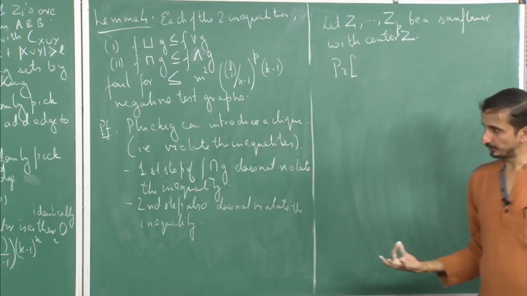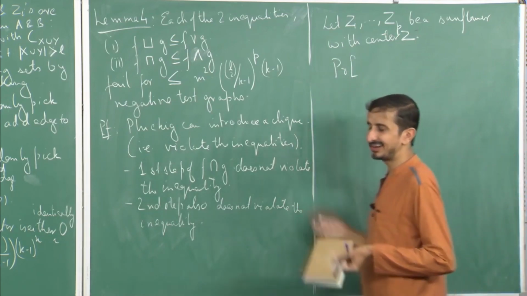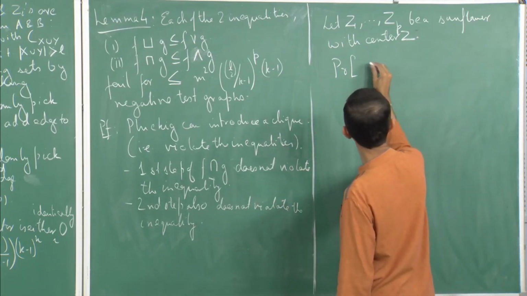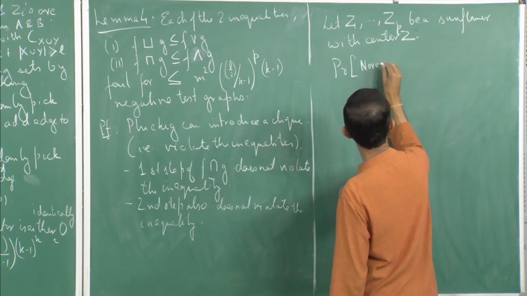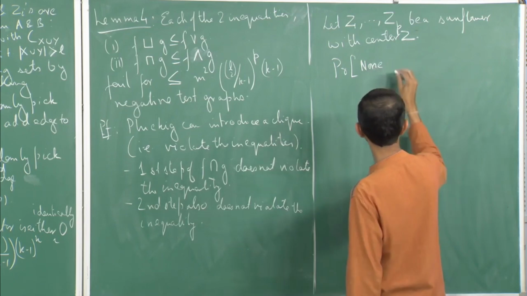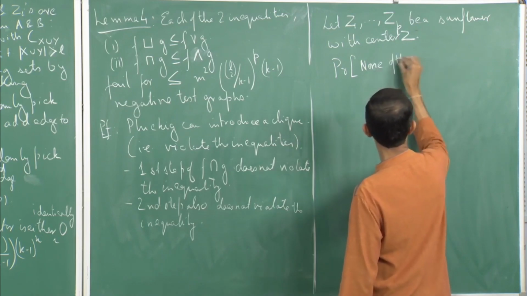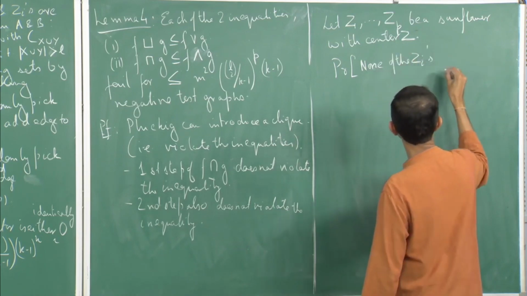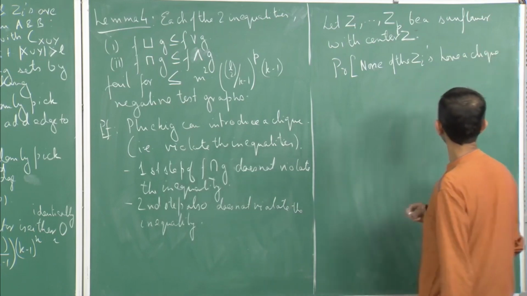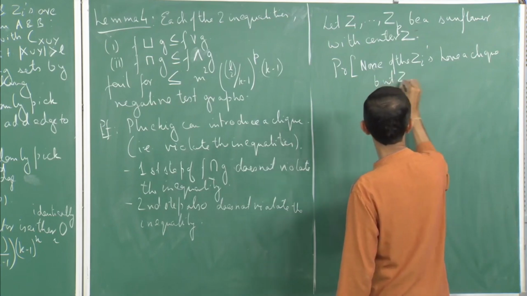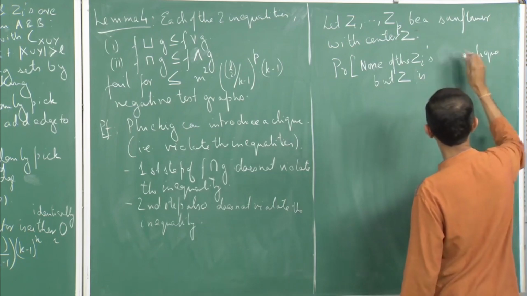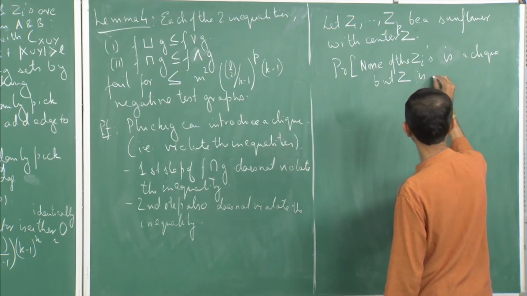What is it that I am computing? When does the plucking operation introduce a clique? That is the probability that none of the Zi's is a clique, but Z is a clique.